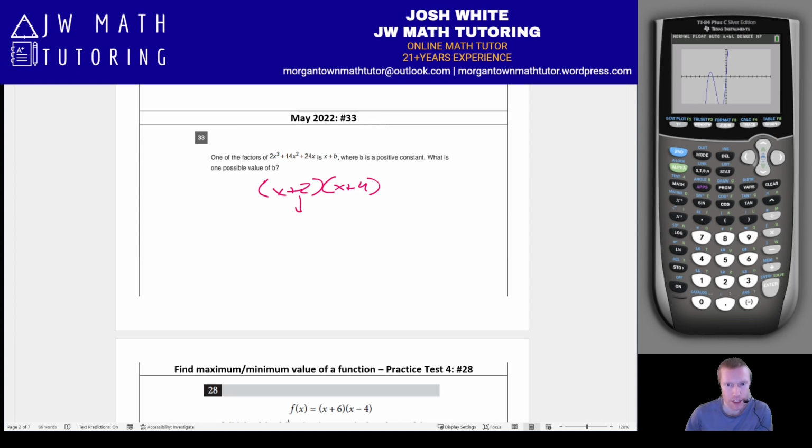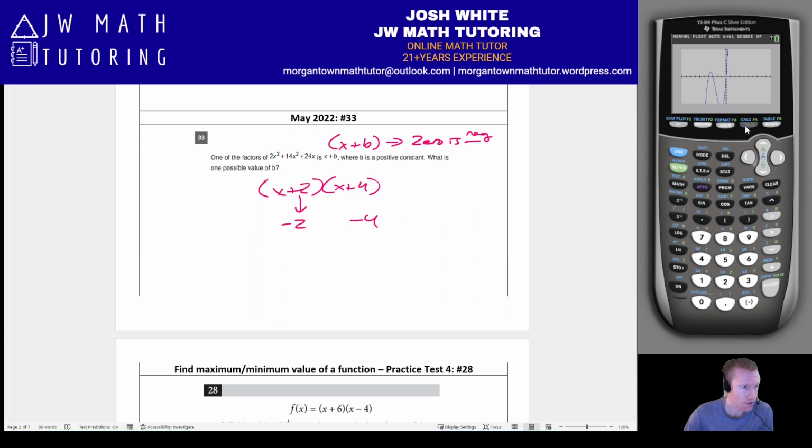Technically, those would give you zeros, or roots, of -2 and -4, because you set each factor equal to 0 and then solve it. So when we have a parenthesis of x plus b here, if b is some positive number, that means the zero, or the root we're looking for, is going to be negative. So these two negative values over here, either one of them is going to be an acceptable answer.